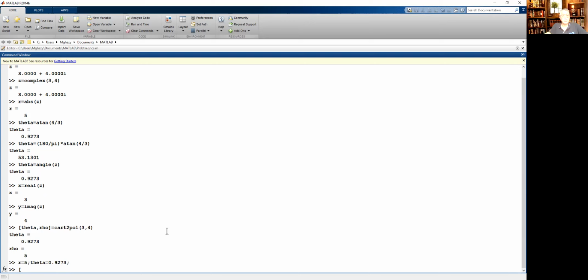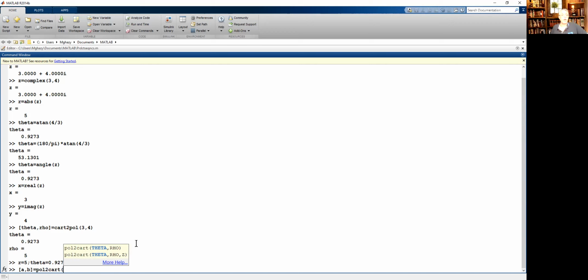You do the same thing as that. You say x, y, you can call it anything. Let me call it something else, a, b. What does it mean? It means a is going to be the real part, and b is going to be the imaginary part of the Cartesian form. And then you want to change from polar, p-o-l, to Cartesian, c-a-r-t, and then you open another bracket like that. Since you are changing from polar to Cartesian, you know the magnitude and the angle.